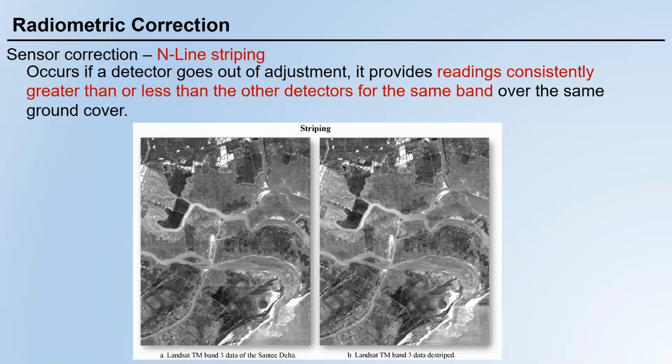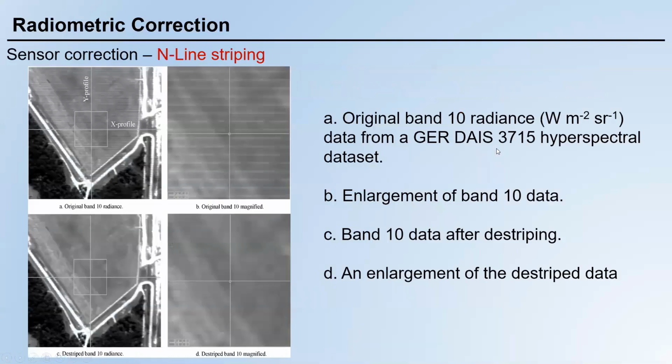We don't have to go deep into specific methods here because this class is not about image processing. But you just need to know that there is something called de-striping. The problem is called inline striping, so we use these destriping methods to address it.